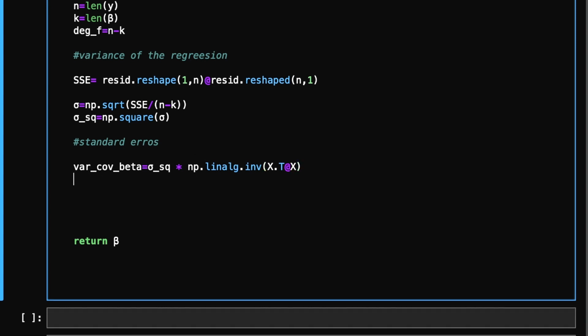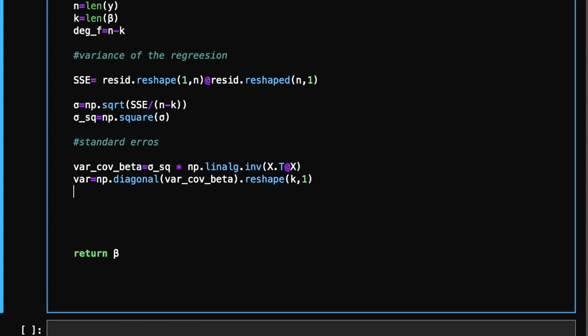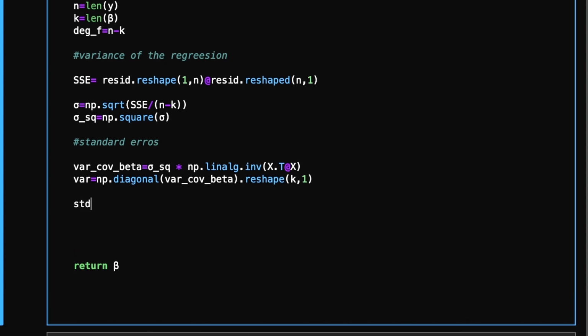That is going to give us the variance covariance matrix, and the diagonals of this matrix have all the variances. So I'm just going to extract the diagonals from here, and then I'm going to reshape this as a k by 1 matrix. So standard errors are just the square roots of the variances.